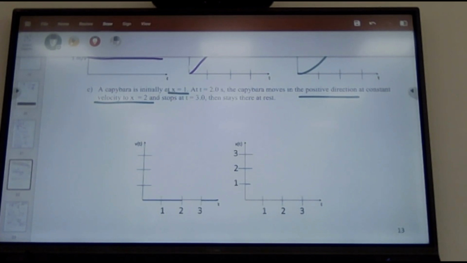Then again, what is the velocity? Velocity is the slope of this graph. And then here velocity, and then here, simple.